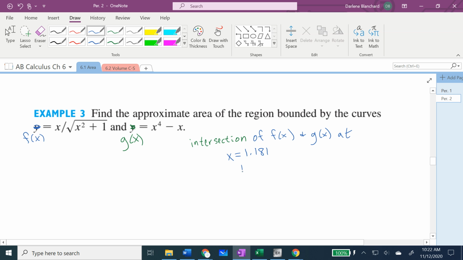I'm going to say it's B. You can then, when you set up the integral, say 0 to B. You defined what B was, you can use it.